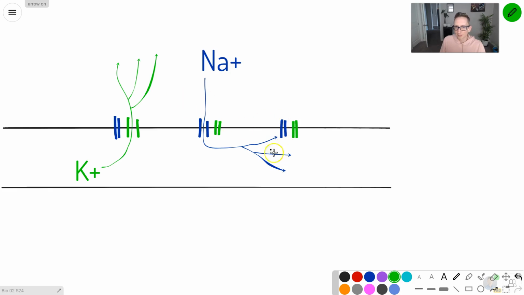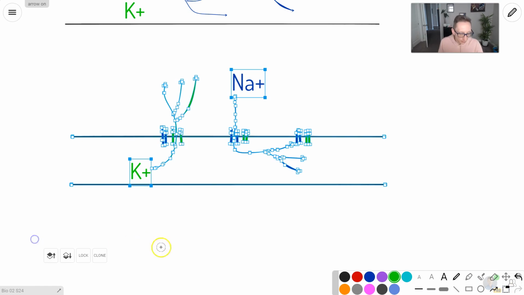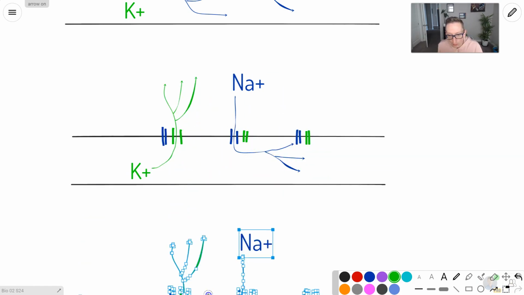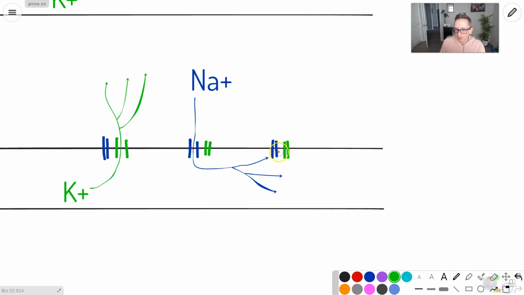And then the same thing is going to happen over here. So as sodium reaches this channel, it's now going to open. So sodium will now rush in here. Oops, not green, blue.